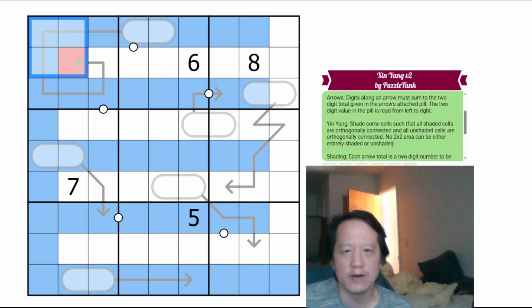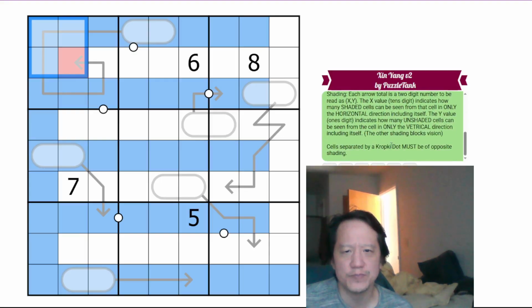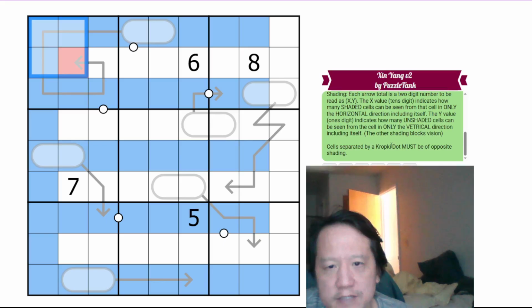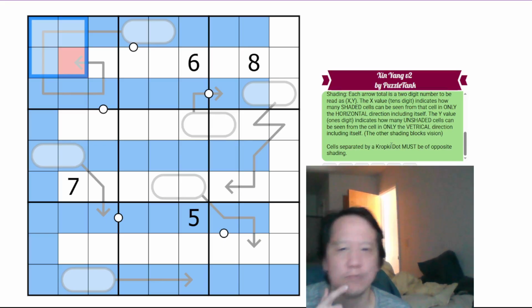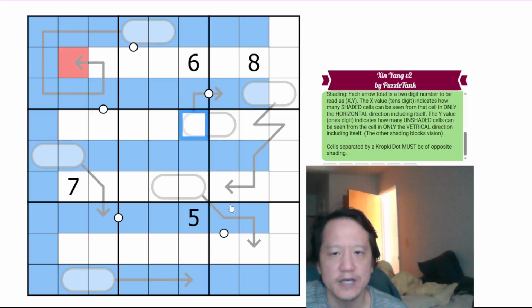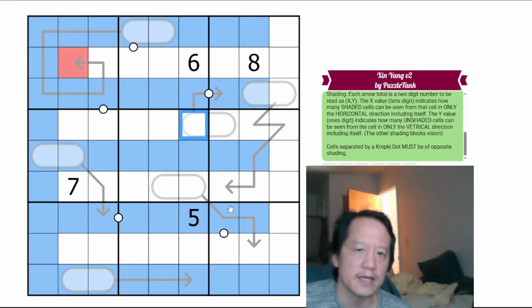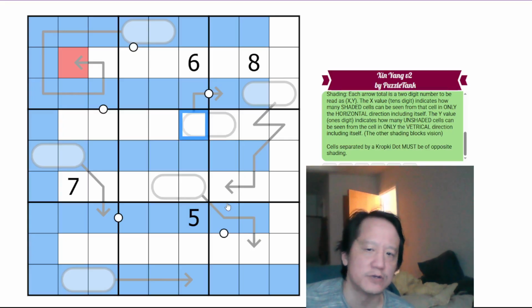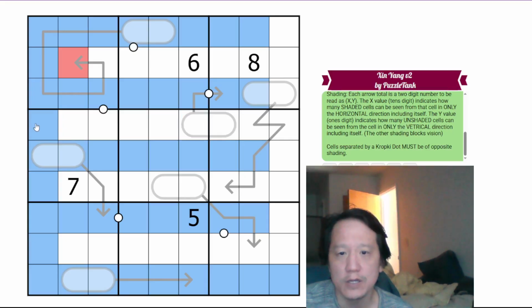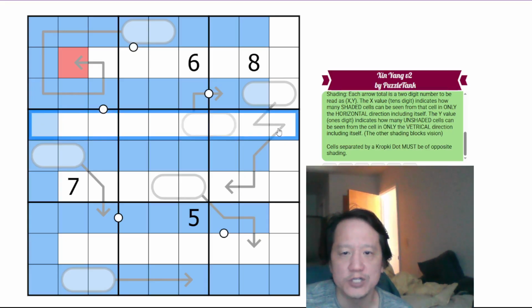Okay, now what does the shading do? Each arrow total is a 2-digit number to be read as x, y. The x value, which is the tens digit, indicates how many shaded cells can be seen from that cell in only the horizontal direction, including itself.